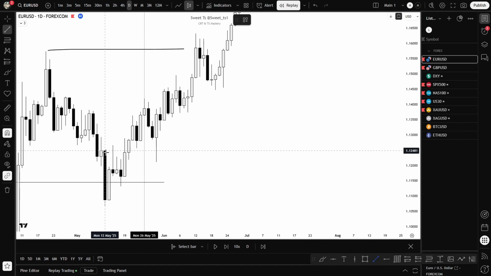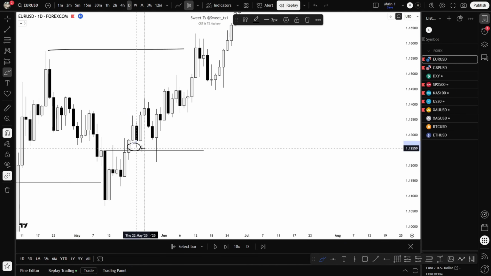So once the model 1 is confirmed, as always, we expect the swings to start forming. So we have a swing here before the high. This is the low that took the high. This is an idea here, right? On the lower time frame, obviously.